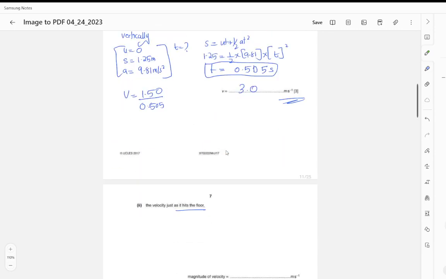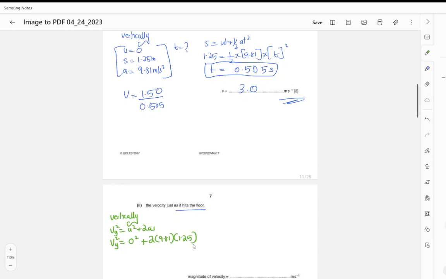So velocity just as it hits the floor. Initially we are going to be working again in the vertical direction. Vertically, we would have v square is equal to u square plus 2as. So final velocity vertically, let's keep it as Vy, is equal to the root of u square plus 2 times acceleration 9.81 times the vertical distance, which is 1.25.